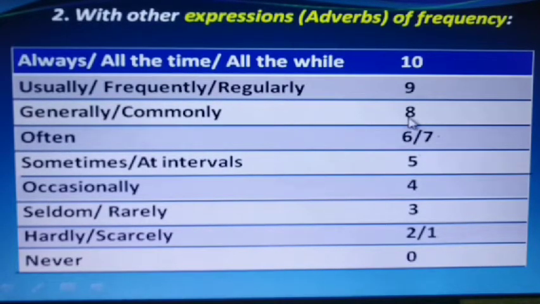Generally, commonly, 8 out of 10 times. Often, 6 or 7 times out of 10. Sometimes, at intervals, 5 times. Occasionally, 4 times out of 10. Seldom, rarely, 3 times. Hardly, scarcely, 2 or 1 time out of 10 times. And never, 0 times. That means it never happens.